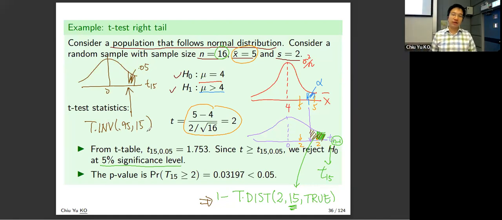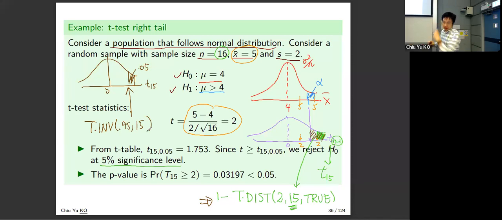I think with the Z table you have no problem, but the T table I want to show again.